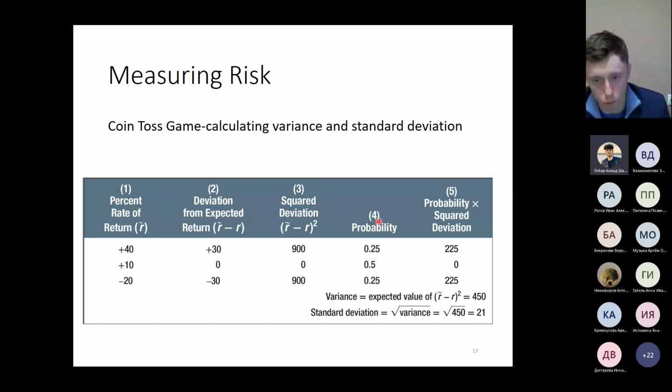Then we would ignore this part, and just find the sum of this column and divide it by the number of observations to get the variance. Then take the square root of it to get the standard deviation.